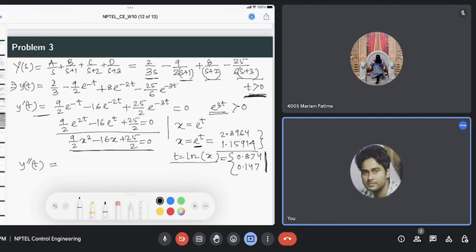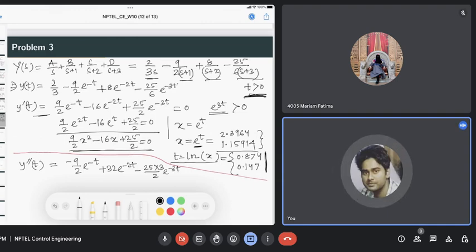It is minus 9 by 2 e to the power minus t, plus 32 e to the power minus 2t, then we have minus 25 into 3 by 2 e to the power minus 3t.